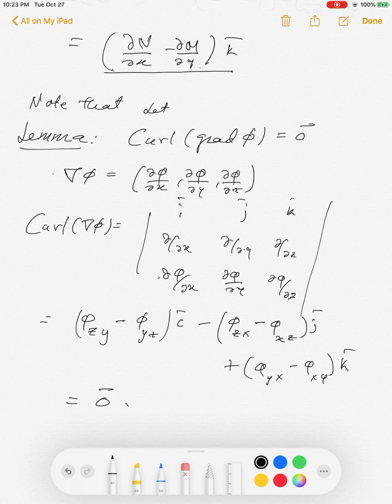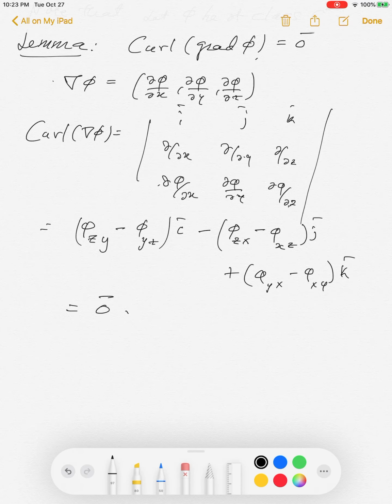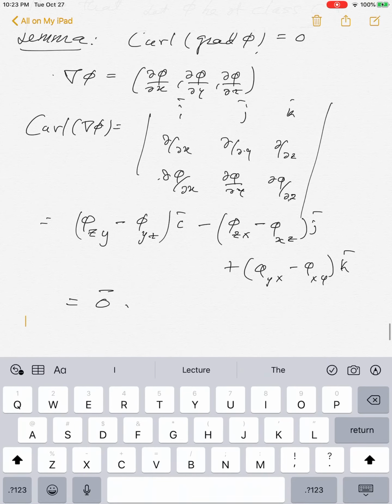And this will be 0 bar provided you can interchange the order of differentiation. And so we will need in this lemma, let phi be of class C2.